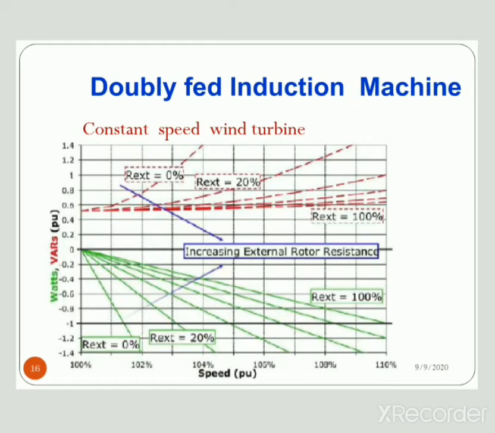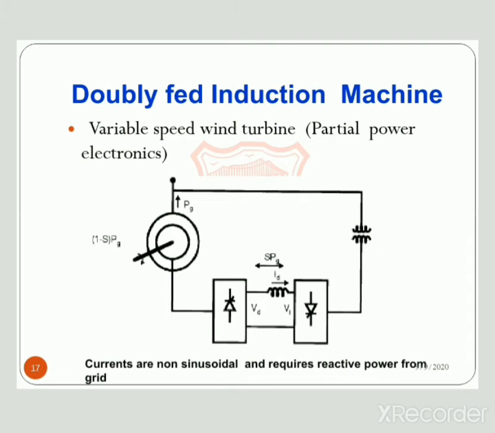This doubly fed induction machine has a graphical presentation, also of a constant speed wind turbine, with power in terms of speed. Suppose the external rotor resistance is increased, then the red symbol is the indication, and if it is decreased, the green indication is shown. The doubly fed induction machine with a variable speed wind turbine is also called partial power electronics.